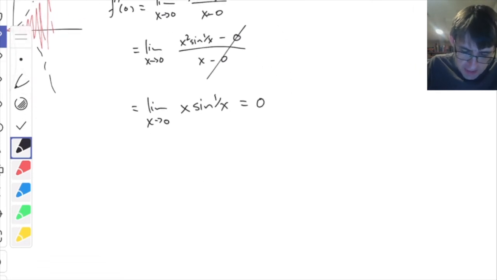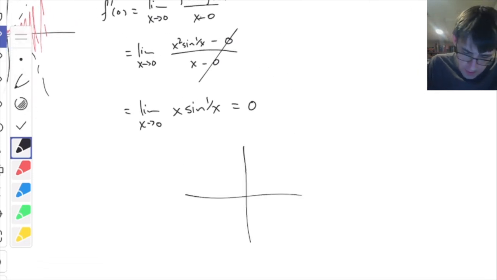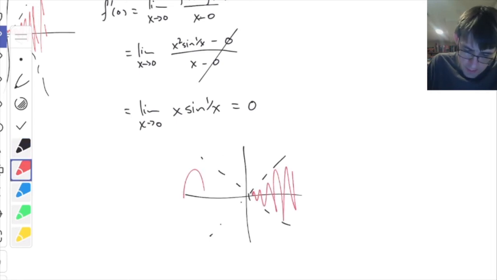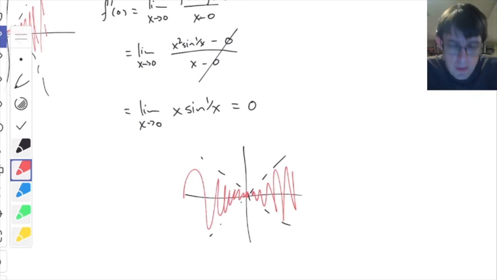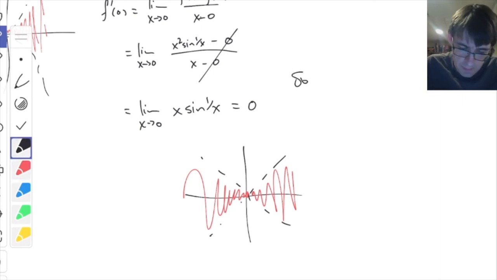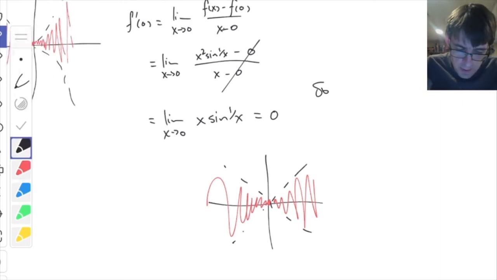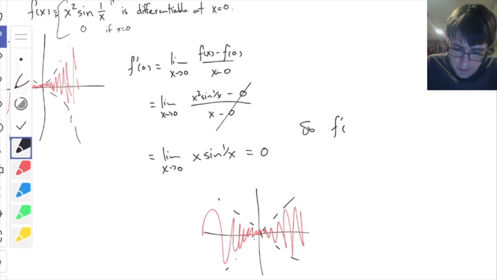Remember, the graph of x sine 1 over x is this one with the straight line boundary. And as x goes to 0, the function value goes to 0. So the limit of that really is 0. So for this function with the square in it, f prime of 0 actually equals 0. Very weird.